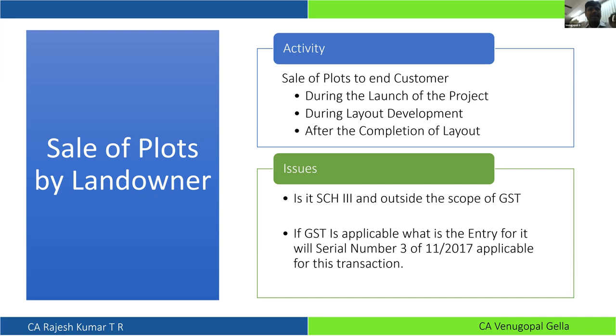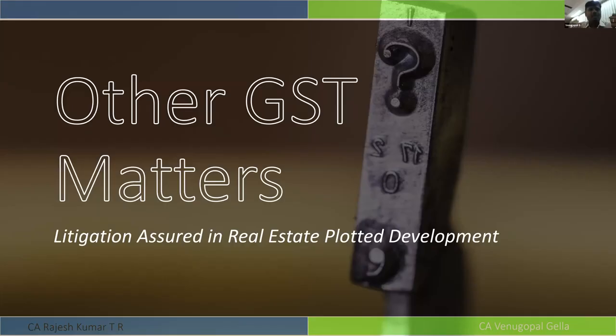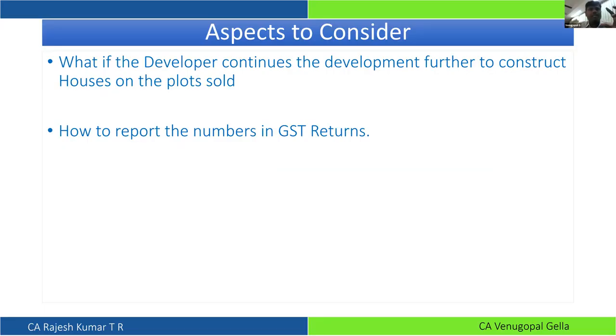There are other matters that will flare up into litigation, where most of the times, when the layouts are formed to have a quick sale, during the further plotted developments, the developers, on a plot of, let's say, 30-40 sites, will go ahead and develop a house also.